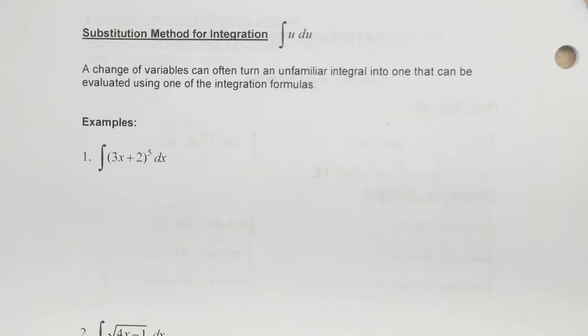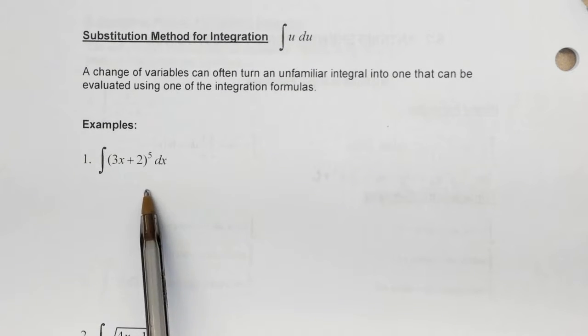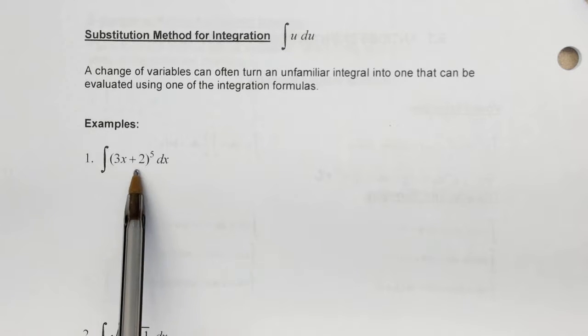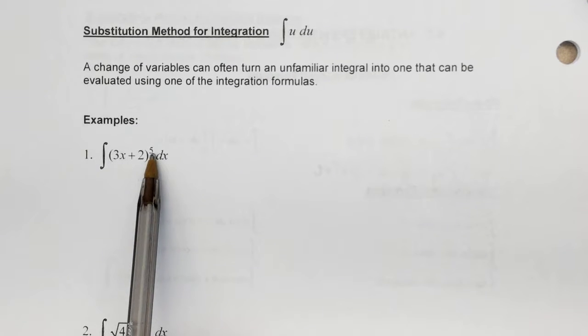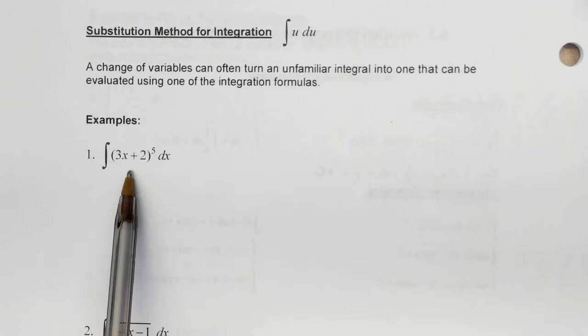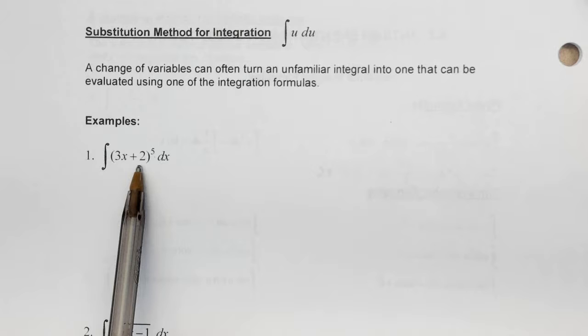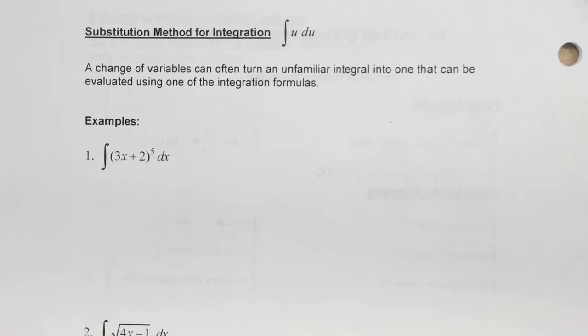So if you ever hear or see a question that asks you to use u substitution, this is what it means. So we're going to pick a portion of this formula to substitute for u so that it is easier to find the integral of. So right now we have 3x plus 2 to the fifth power. The way that we would normally do this is we would expand this out so that we can multiply 3x plus 2 five times, but that's a lot of work.